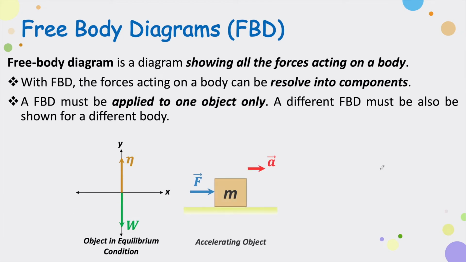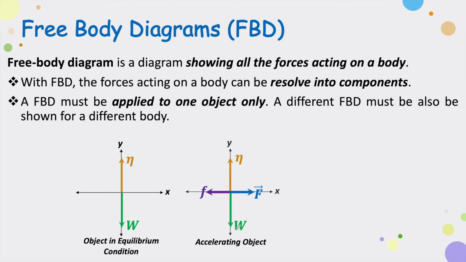And if you have an accelerating object, given that this surface is rough, the forces are: first, the applied force F, the normal force from the platform, the weight, which is downward, and also the friction.